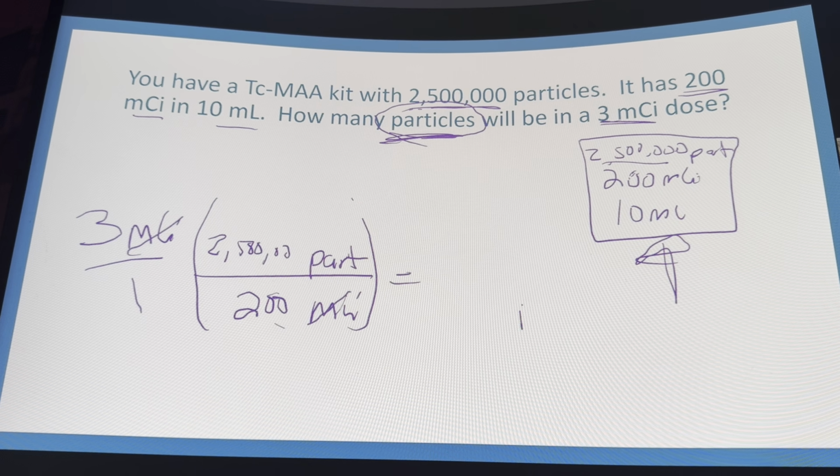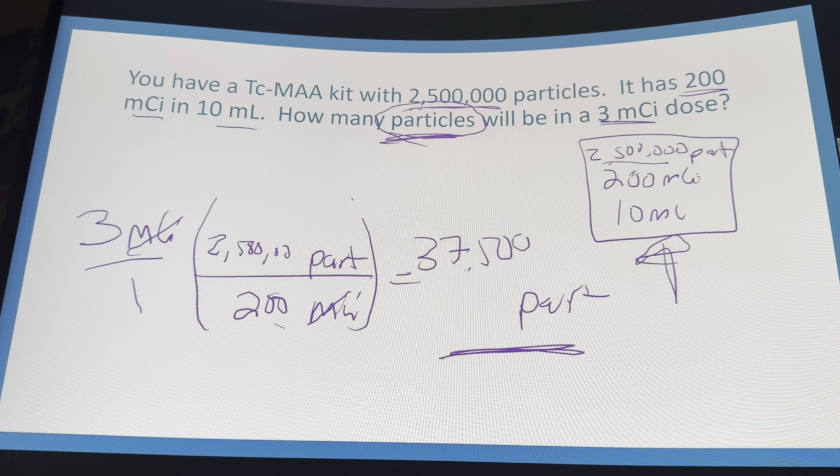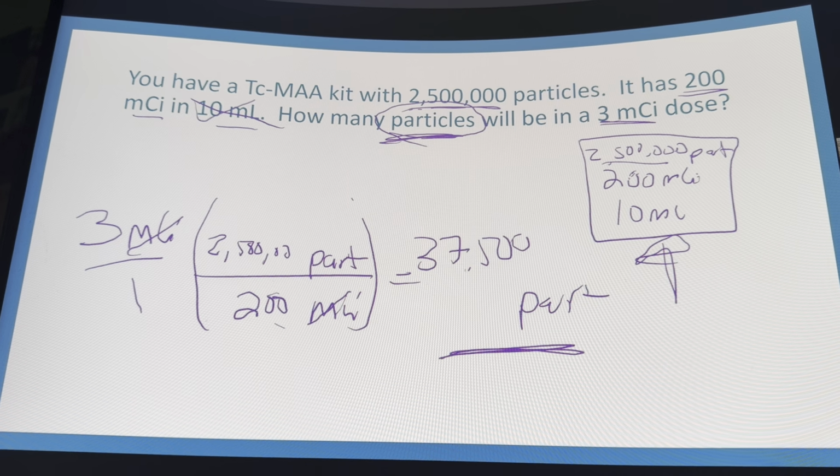Millicuries cancel. I'm left with particles. 3 times 2,500,000 divided by 200. My answer is 37,500 particles. So that 10 ml was useless information. I don't need it. Let's do another one.